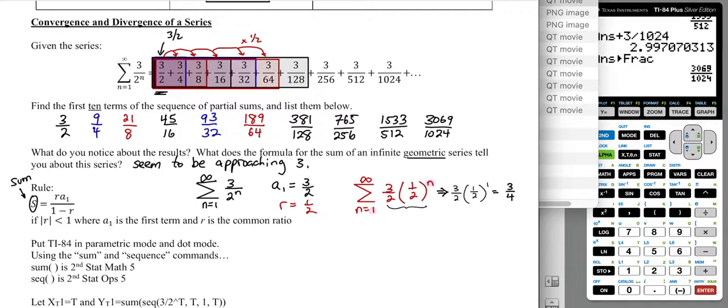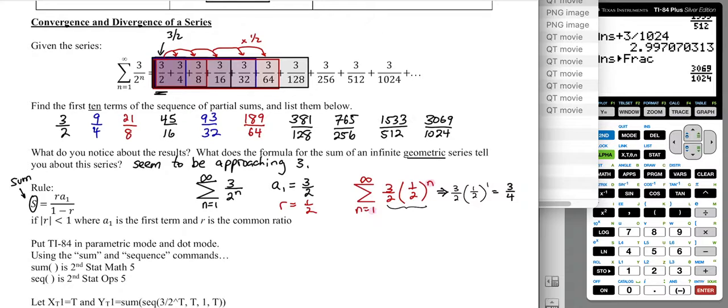The other is to logically realize, now wait a second, if this is the second entry, then this must be the first entry in the expansion.